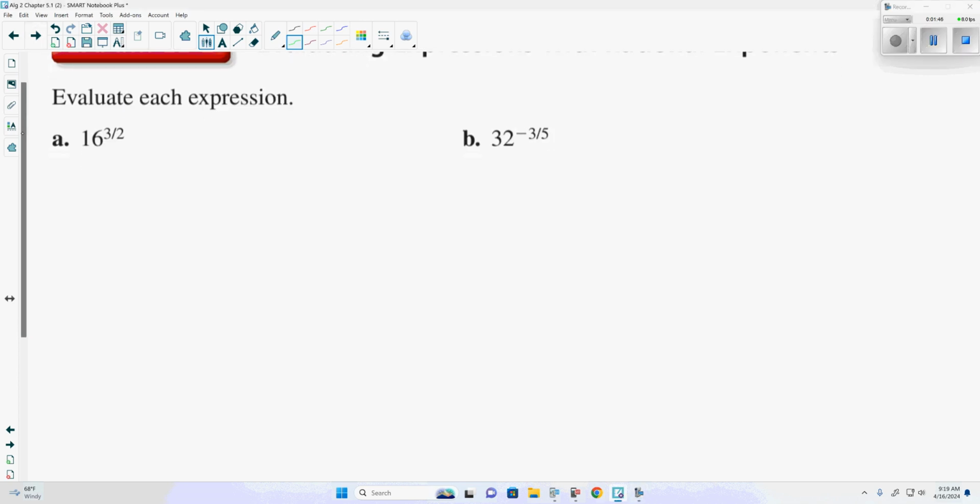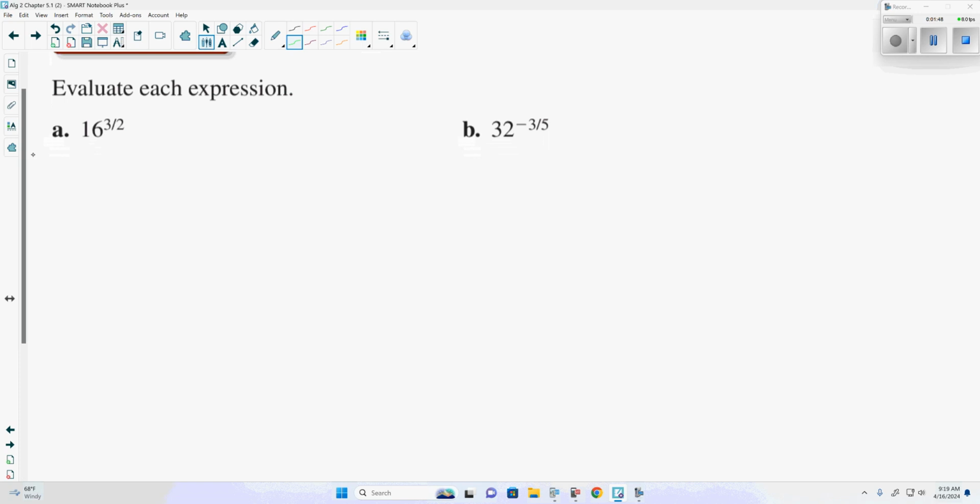Now, if we wanted to evaluate 16 to the 3/2 by hand, well, as we talked about yesterday, we could say that this is 16 to the 1/2 to the 3rd. And with one of these here, especially yesterday, we jumped straight from 16 to the 1/2 to what it simplifies to, because our 1/2 power in radical form is the same as the square root of 16, to the 3rd.